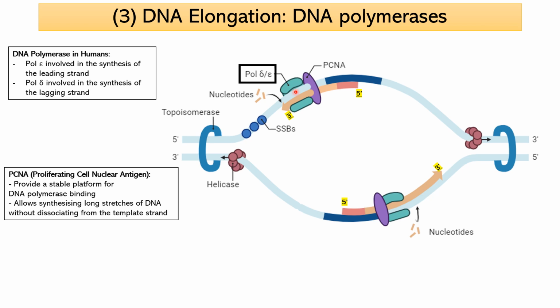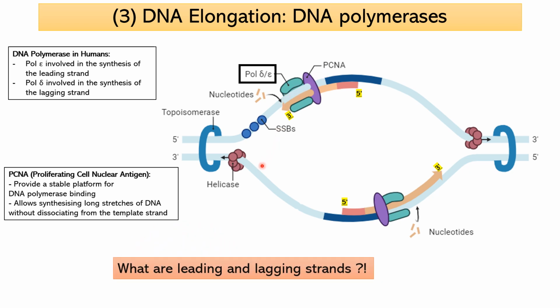And the second role is that it allows the DNA polymerase to synthesize a long DNA strand without the need to dissociate from the DNA strand. That's why this protein is also very important for DNA replication, because it stabilizes the polymerase.